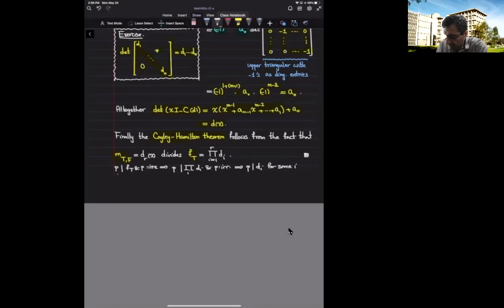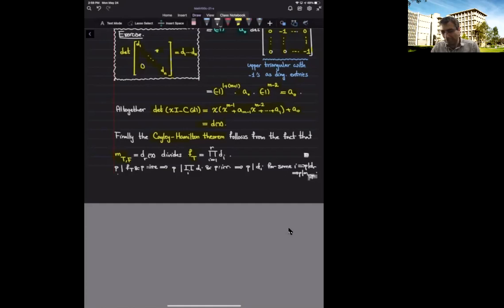But every one of them divides the last one. And that's the minimal polynomial. So we deduce that every irreducible factor of the characteristic polynomial is an irreducible factor of the minimal polynomial. The converse is automatic because the minimal polynomial divides the characteristic polynomial.